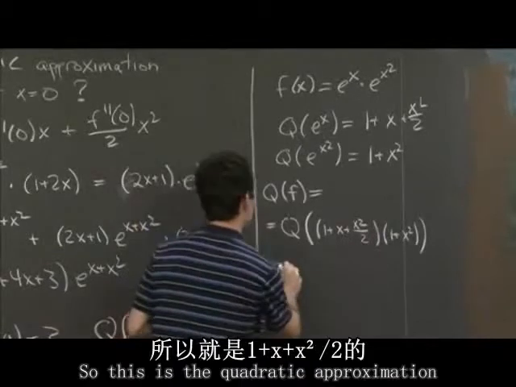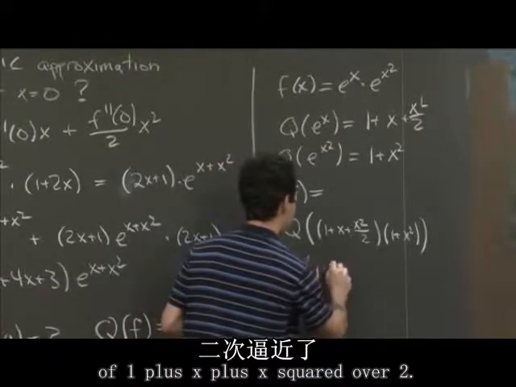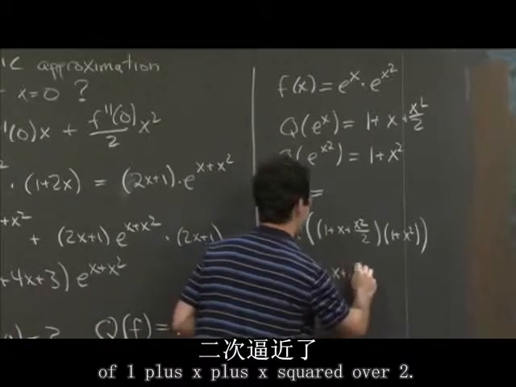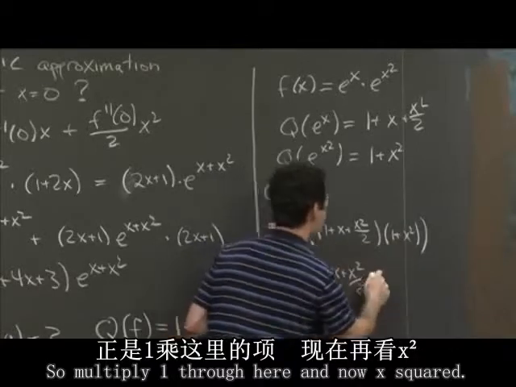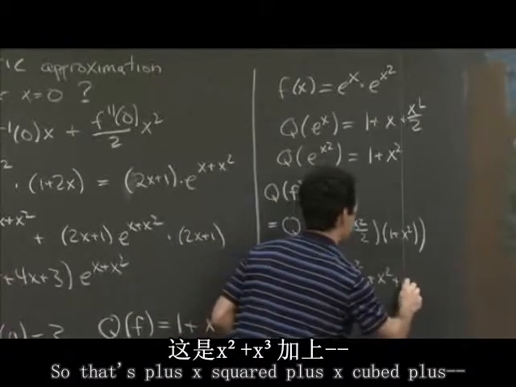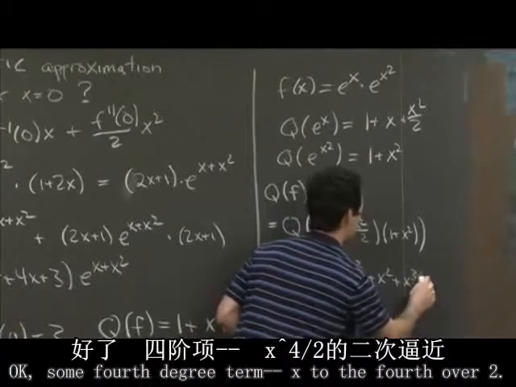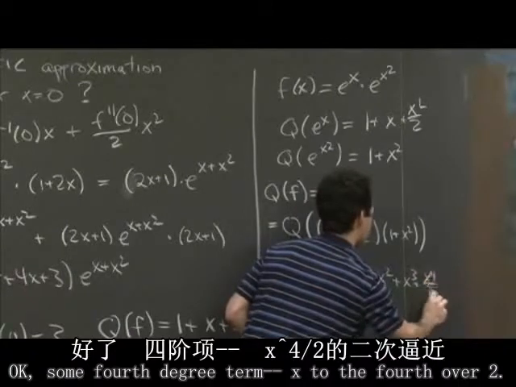If you multiply 1 through here and then x, so it's plus x squared plus x cubed plus, OK, some 4th degree term, x to the 4th over 2.